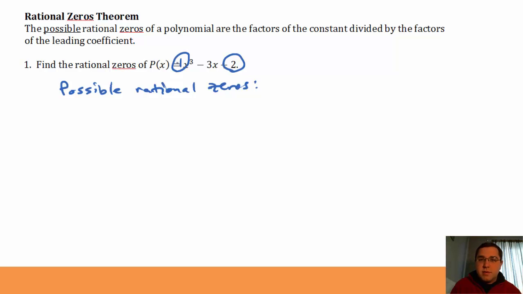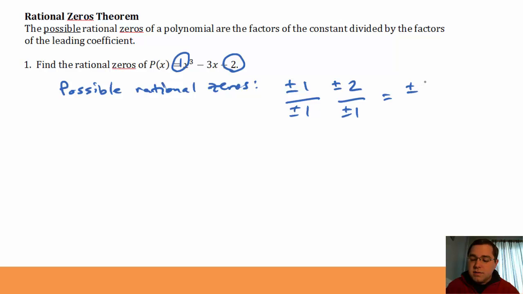So the possible rational numbers that are zeros of the polynomial are factors of 2, which are plus or minus 1 and plus or minus 2, divided by factors of 1, which are plus or minus 1. So that gives me possible numbers of positive or negative 1 and positive or negative 2, because when I divide 1 and 2 by 1, I just get themselves.